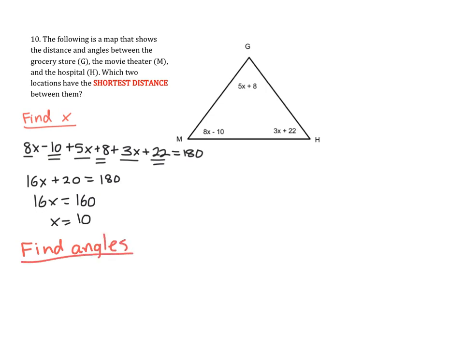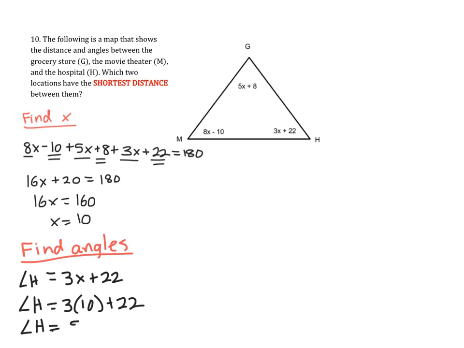So I'm going to substitute it into each one. So we know that angle H is 3x plus 22. So we're going to substitute x with 10. So we have 30 plus 22. So we're going to get angle H equals 52 degrees.